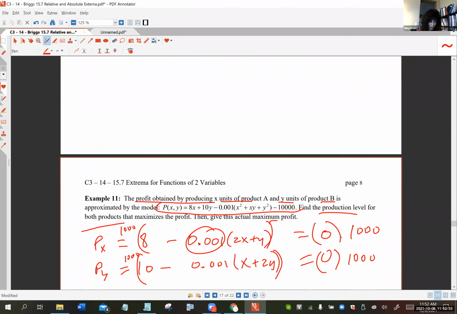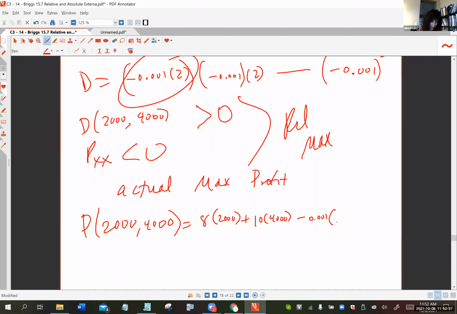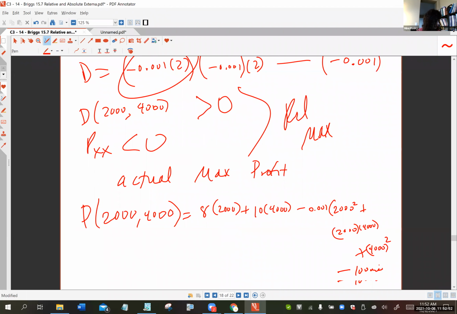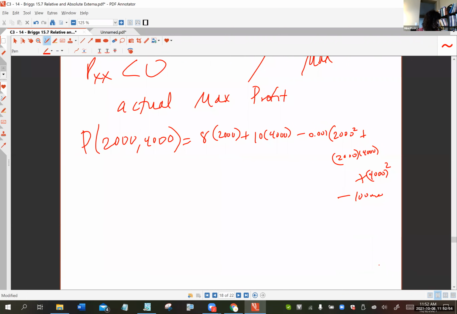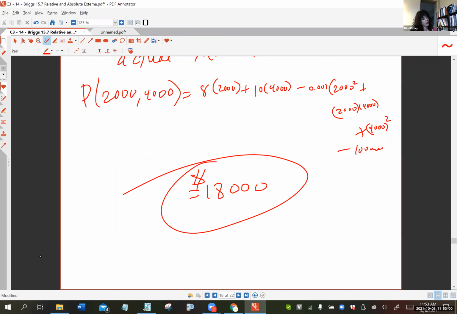Yeah, x squared plus xy plus y squared. This is sort of the pain in the butt part. Like, oh man, are you kidding? No, 2,000 squared plus 2,000 times 4,000 plus 4,000 squared minus 10,000. Okay, it turns out that 18,000, and this is in dollars. So $18,000 of profit at that critical point.